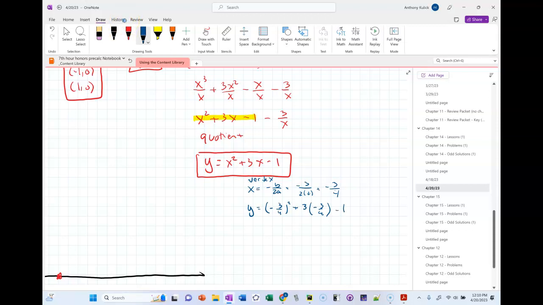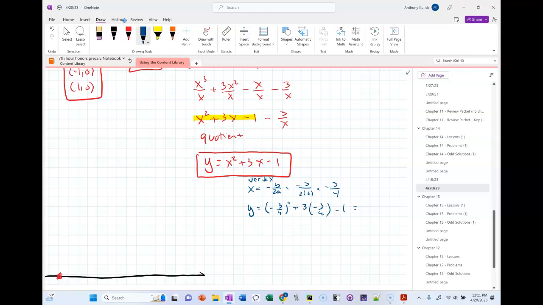So what do we get here then? I get 9 over 16 minus 9 over 4 minus 1.